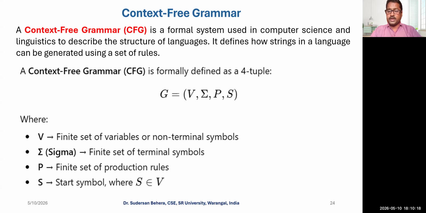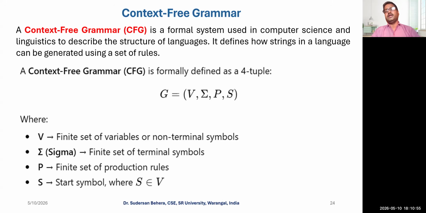Then what is V? Capital V represents the finite set of variables or non-terminal symbols. So remember, variables are equal to non-terminals, and they are always written in capital. As far as context-free grammar is concerned, whenever you write a variable or a non-terminal, you must write it in a capital letter.